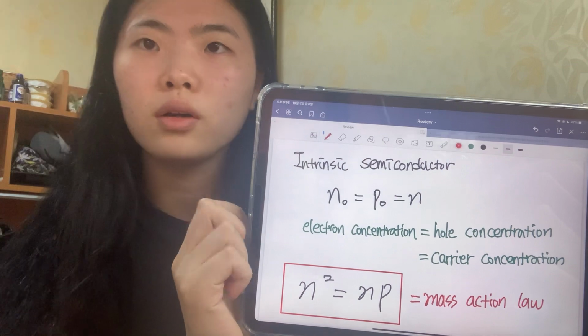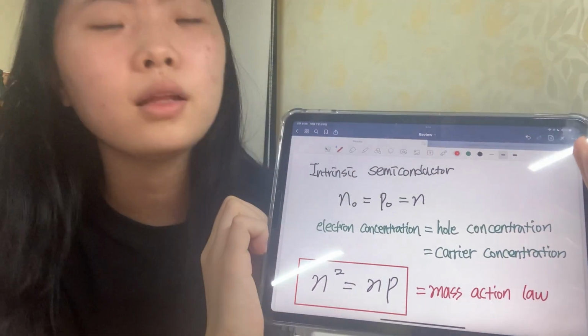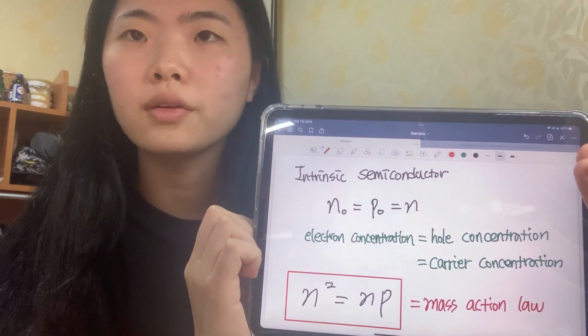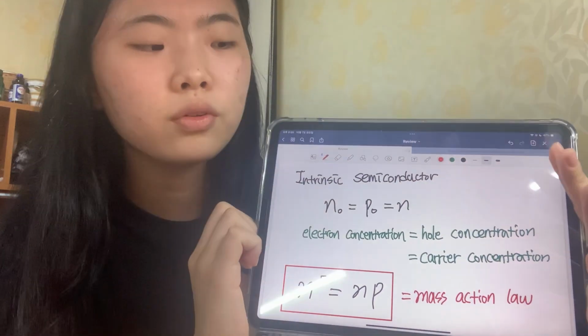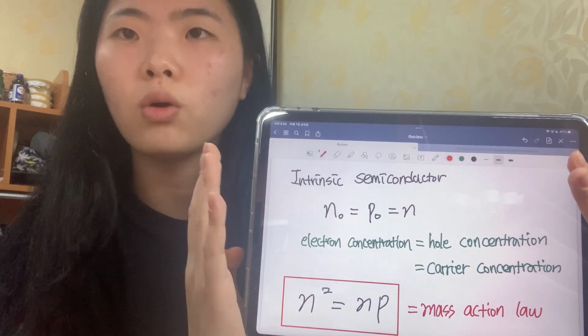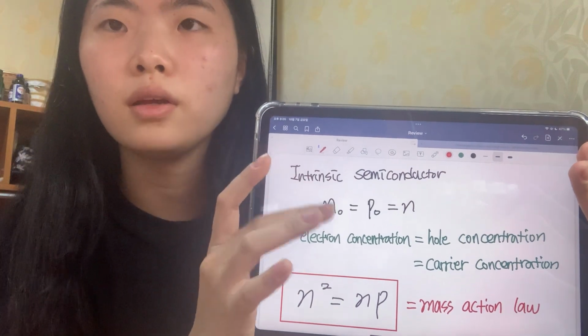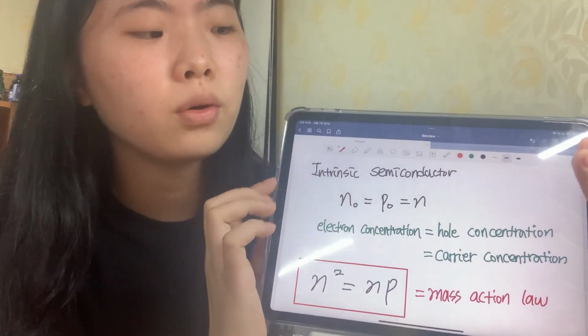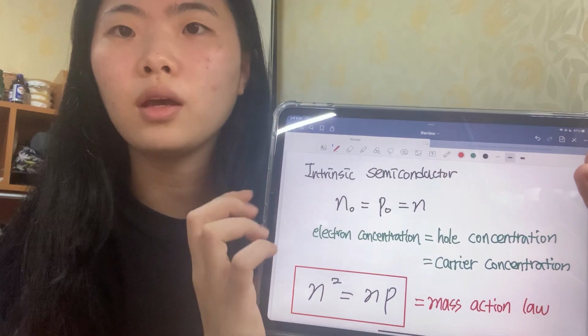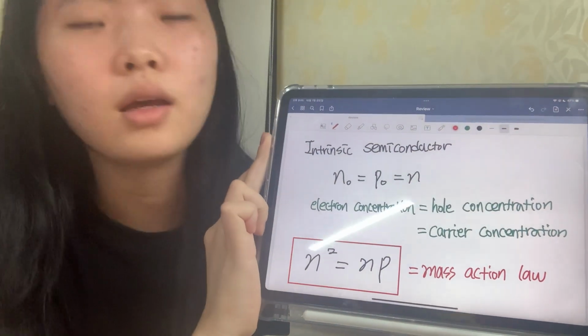So the electron and hole numbers are the same, and the carrier concentrations are the same in an intrinsic semiconductor. Based on this concept, we can make the equation like this: the mass action law.